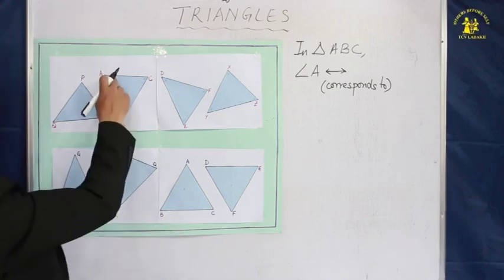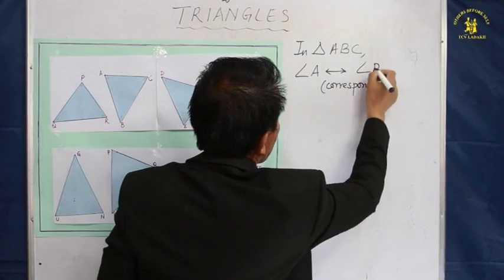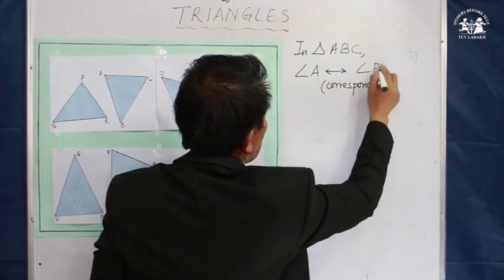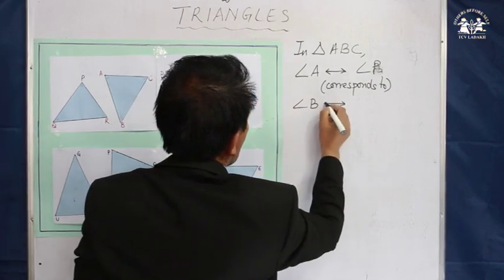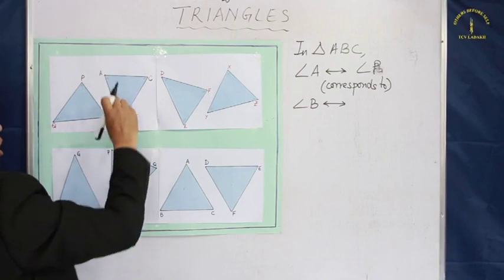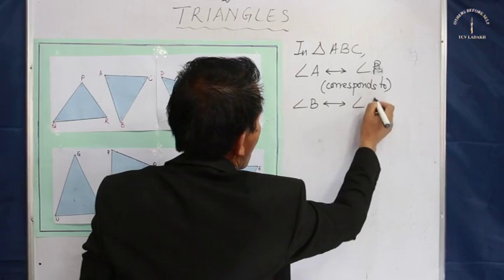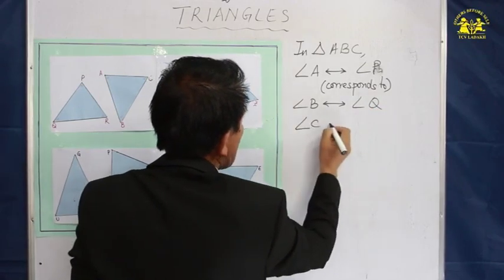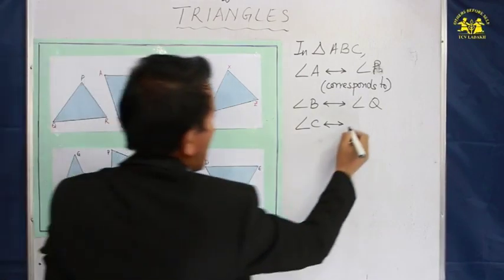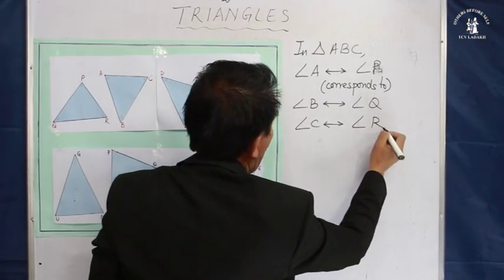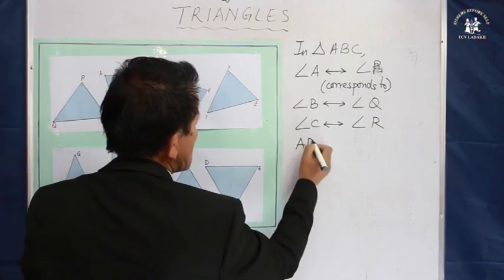Angle A corresponds to angle P. Angle B corresponds to angle Q. And angle C corresponds to angle R.